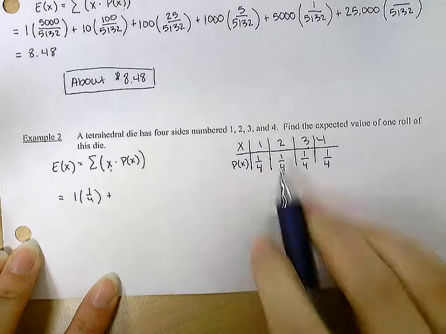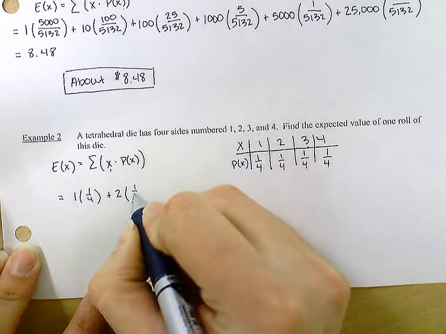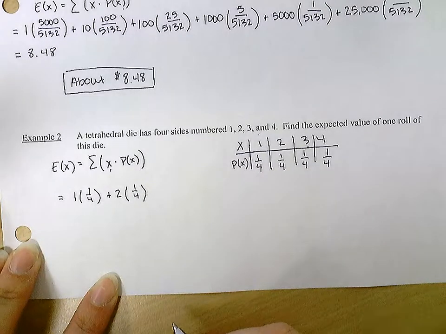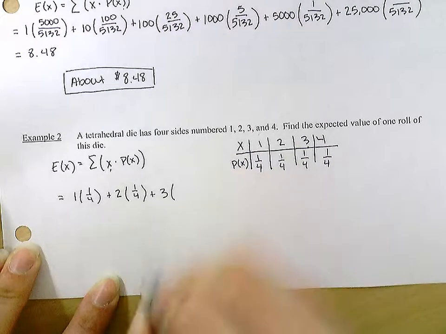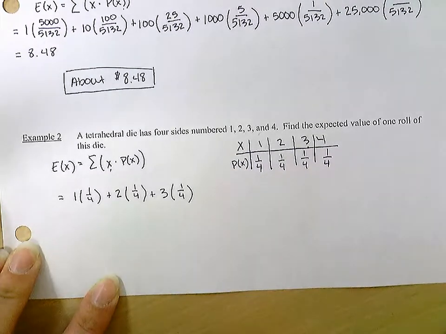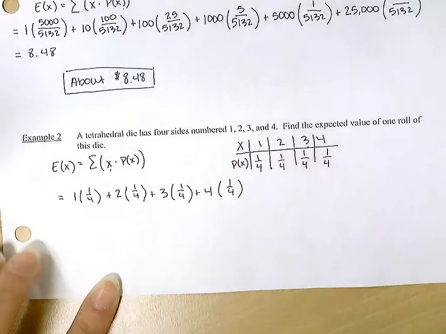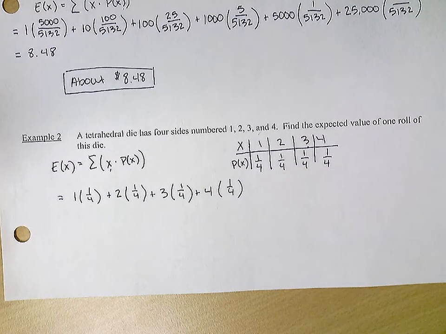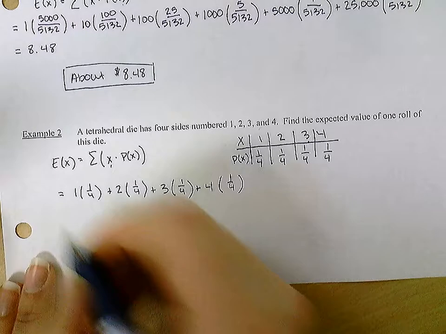Add on the next x value, 2, times its probability, 1/4, plus our next x value, 3, times that probability of 1/4, and then the last one is 4, times that probability of 1/4. Again, you can enter this into your calculator.